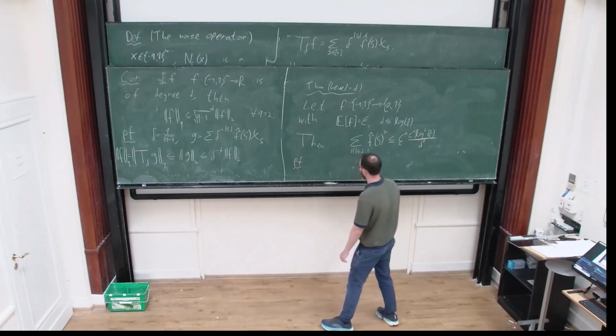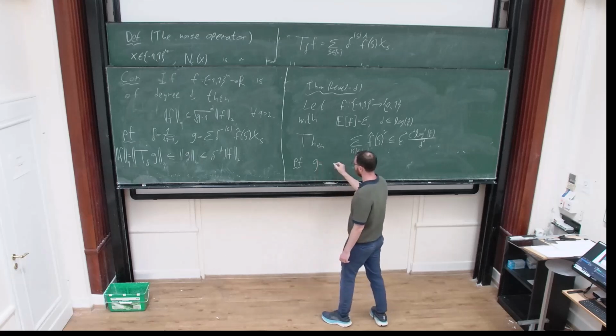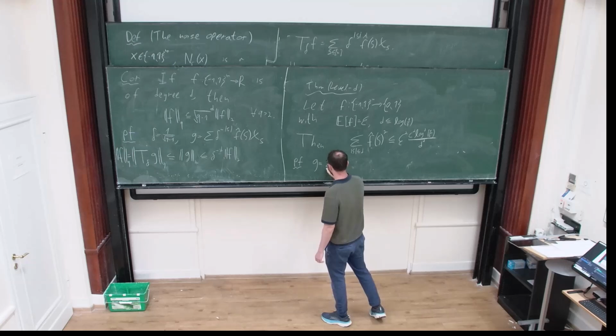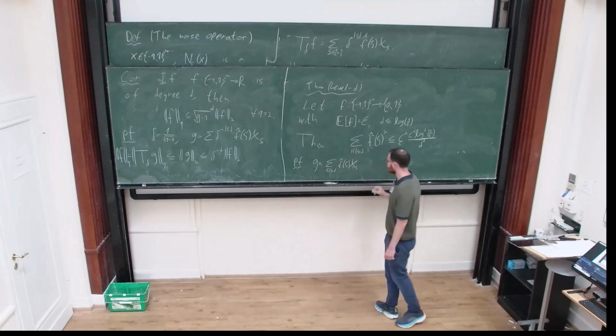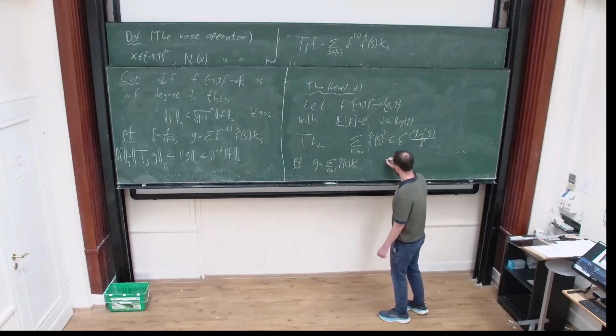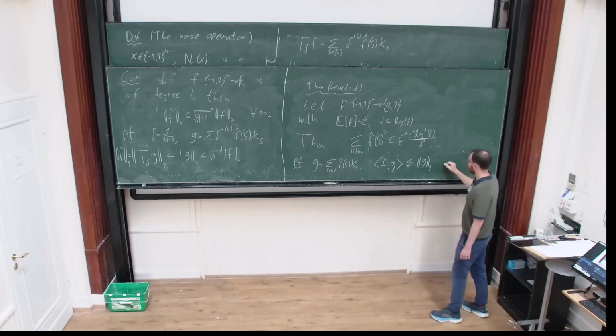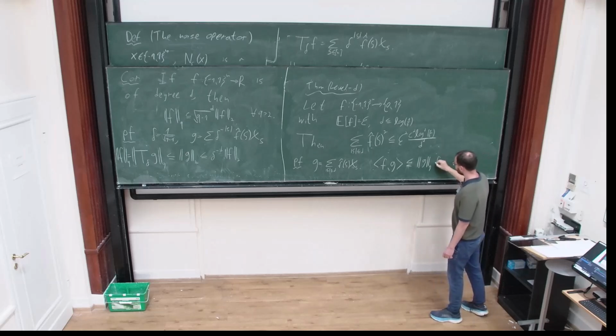And the proof is very similar to KKL. You let g be the sum of the small Fourier coefficients. And then you say that the correlation between f and g is smaller than the q-norm of g times the q-prime norm of f.